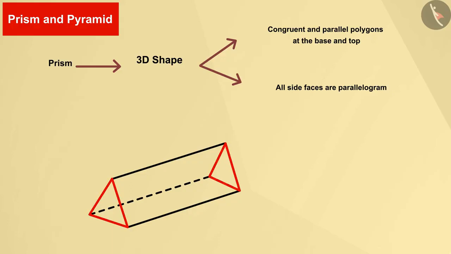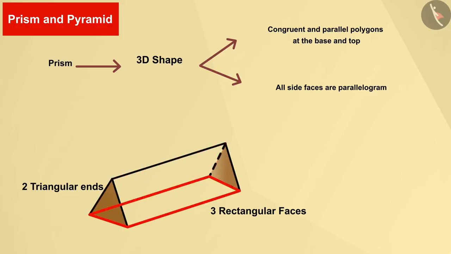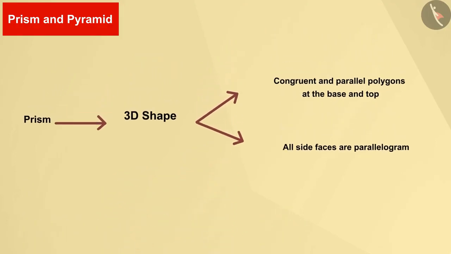Now, let's give the base and top end of it a color like this. We can see that both the ends of this shape are triangles and its three side faces are rectangular, one in front, one at back, and one down. Let's look at the definition of prism once again.